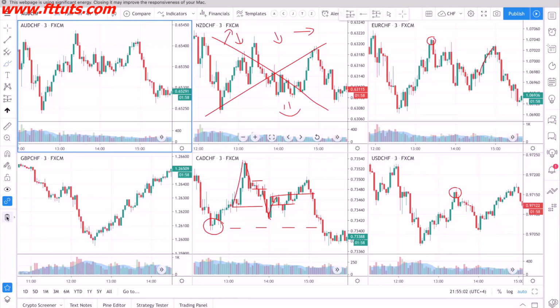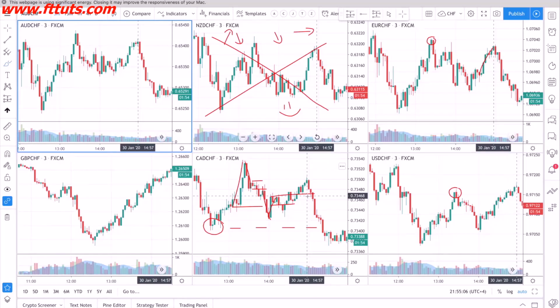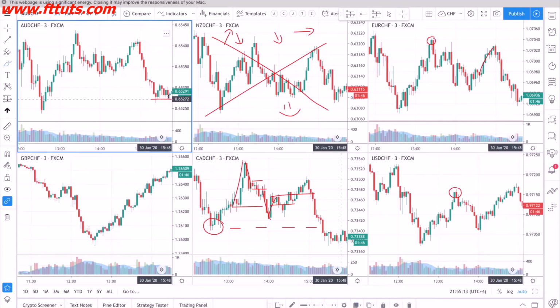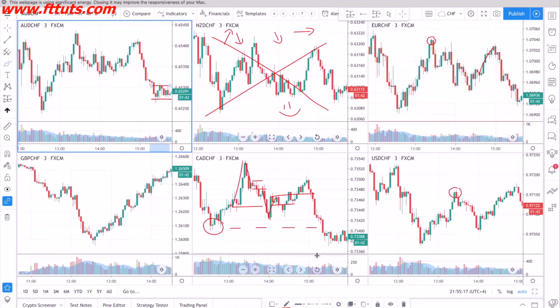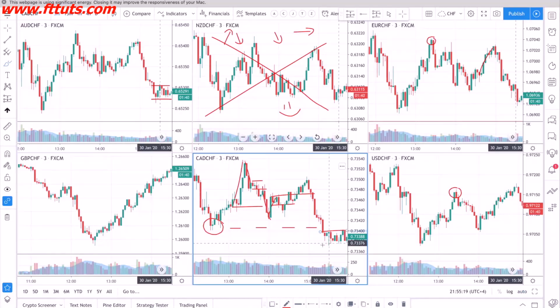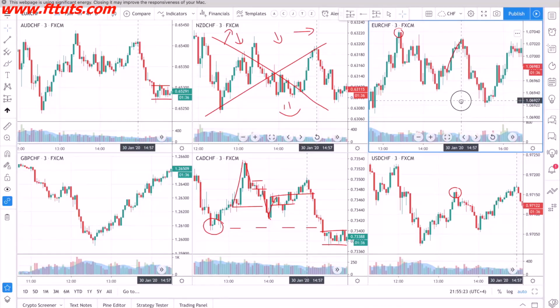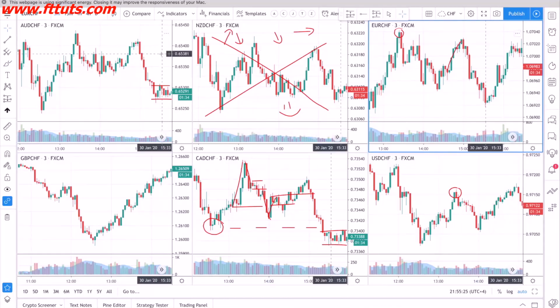I want to monitor where my exits might come, and I watch it as a group as well. Just like I watch for my entries, I want to watch once I start getting a range buildup. I want to make sure it's not just on one single pair, but it's across the board. If the range buildup is across the board, okay, here I didn't have it.